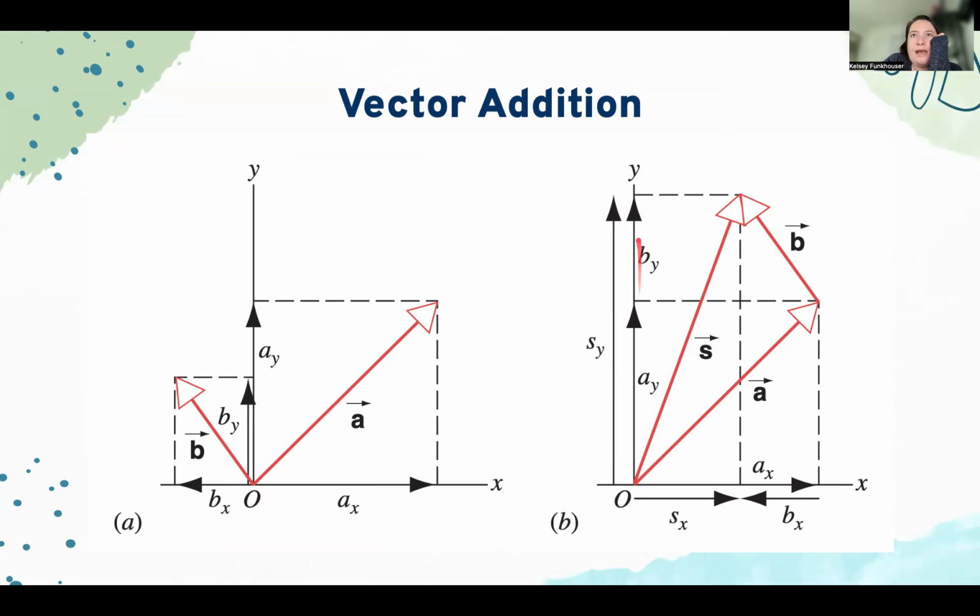Both the A and B y vectors are positive, in the positive y direction, so they just combine to give us the y component of S. But for the x component, the x component of the A vector is positive, but the x component of the B vector is negative. So it needs to subtract from the A vector, giving us a smaller x component of the S vector.